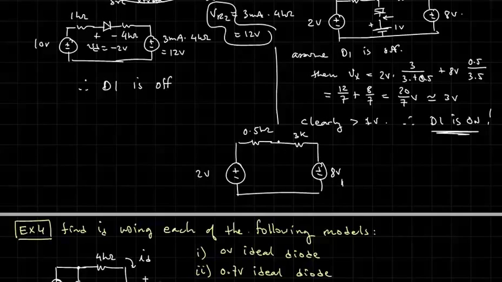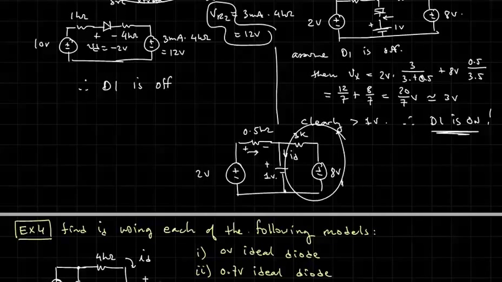Okay, and now the diode D1 is on, so I'm looking for ID, and this node is sitting at 1 volt. Now I can solve this very easily, because I know that the voltage across the 0.5K is 2 minus 1 volts. I've got a 2 volt source on the one side, 1 volt on the other side. What's going on over here has no bearing on the current that's going to flow here, because when the 0.5 resistor looks to the right, all it sees is the 1 volt between its right terminal and ground.